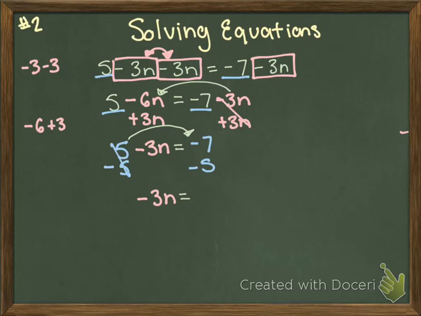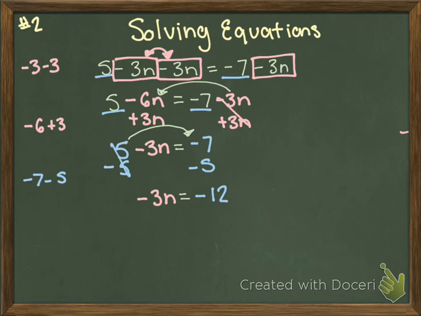So negative 7 minus 5. Two negative numbers, when you're subtracting, you're going to make it a bigger negative number. So negative 7 minus 5 is going to give us negative 12. If you don't believe me, double check on your calculator. Try it out. Negative 7 minus 5.